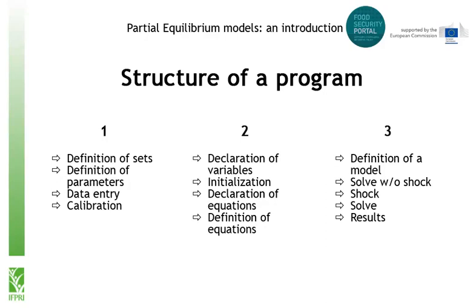Then we define the shock, then we make a solve, then we display results coming from the model and the shock. So this is the order that is mandatory when you write a program under GAMS. But when you design a new model, please start with the model, that is to say, the second phase.